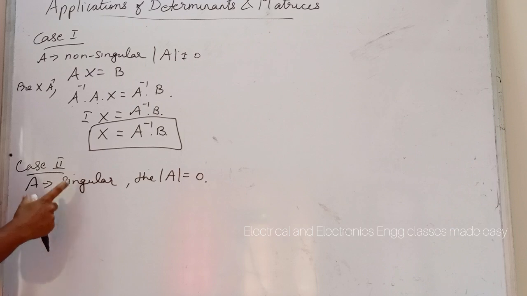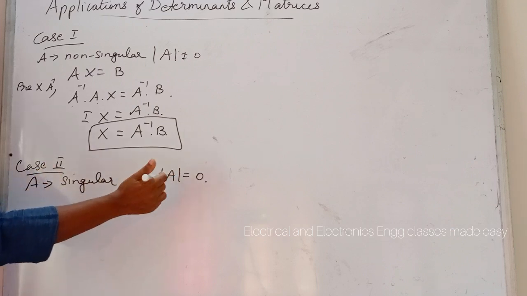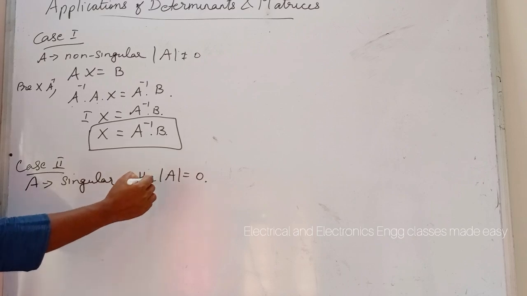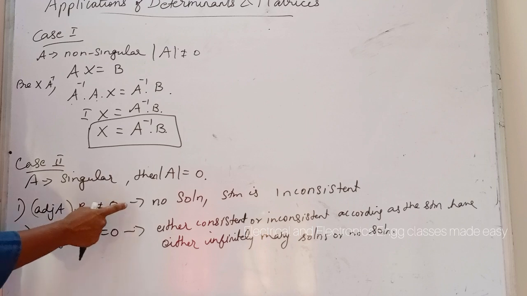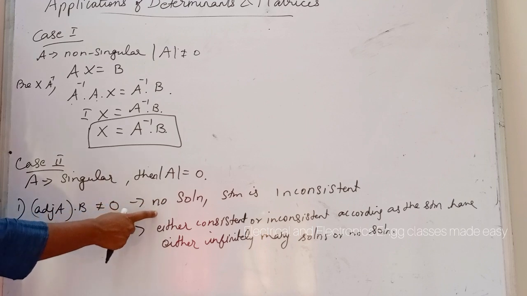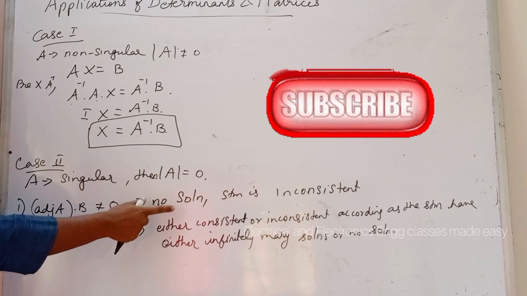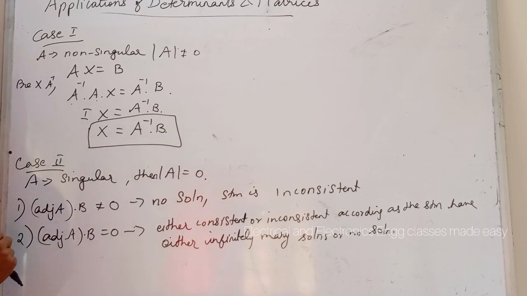Then the second case is if A is a singular matrix, that is, when the determinant of A is equal to 0. In this case, we have to calculate (adjoint of A) into B. If (adjoint of A) B is not equal to 0, then there is no solution. That is, the solution does not exist and the system of equations is called inconsistent.